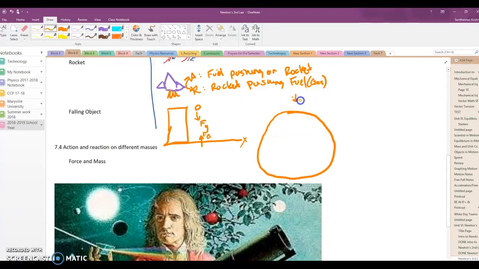This is being pulled down by the force of gravity. This is being pulled up by the force of the speck. The speck can't apply enough force. That arrow is not big enough to cause this mass to move.